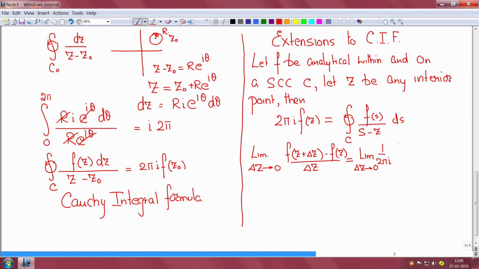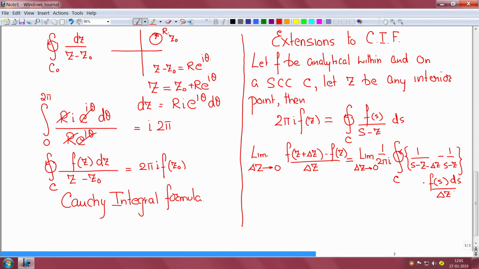Then I have the integral over the closed contour C. And here I have 1 by s minus z minus delta z minus 1 over s minus z, into f of s ds divided by delta z.